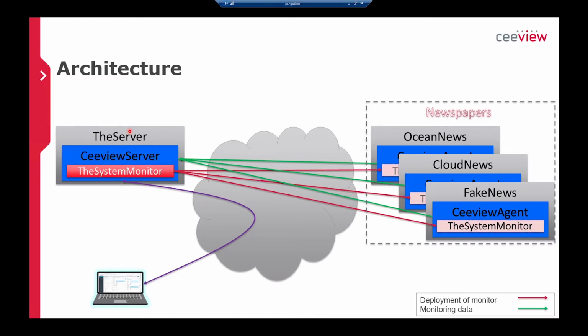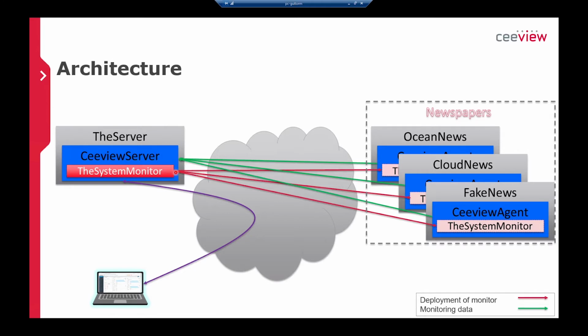And it is normally maintained using the Ceeview UI, which typically runs in a web browser, down here in the left corner. So the UI in the web browser communicates with the server. Whenever the monitor is saved after being created or modified, the monitor is deployed or sent to all the servers it applies to.